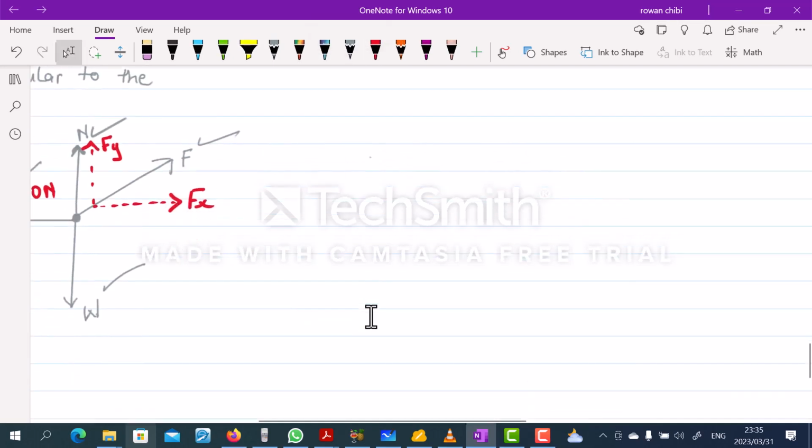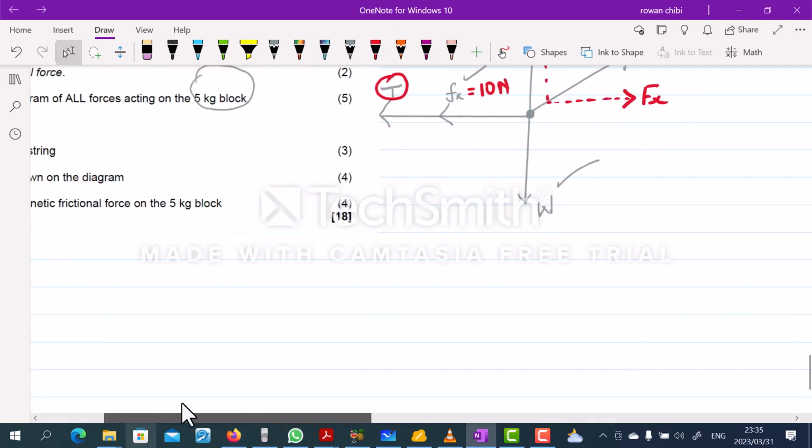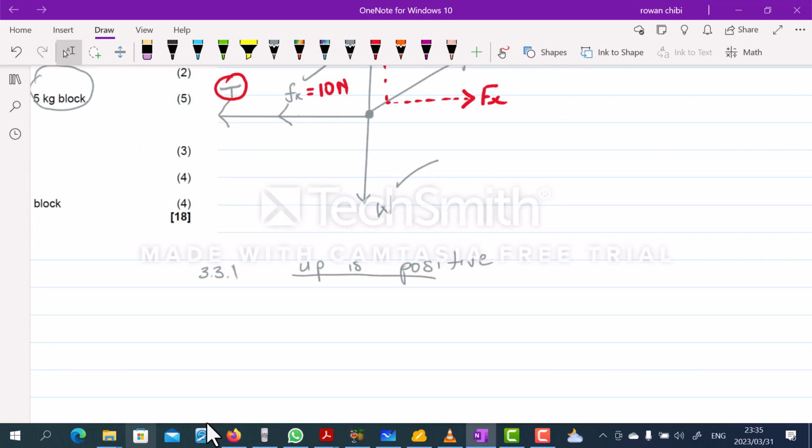So I'm going to say 3.3.1. Let's take up as positive. You always have to identify the direction before you solve your problems. Up is positive, so we say F net is equal to ma. We are looking at now the 2 kg block with 2 forces.